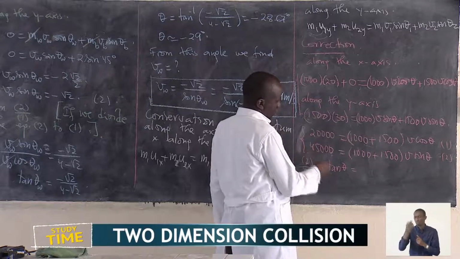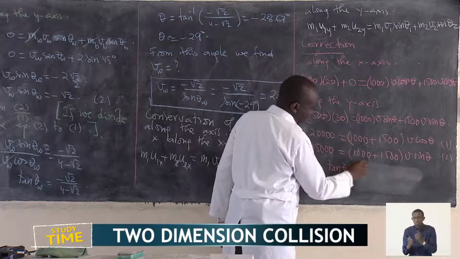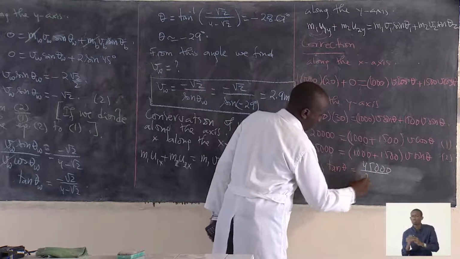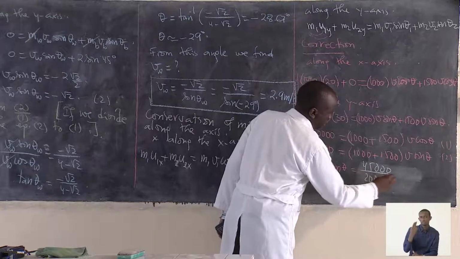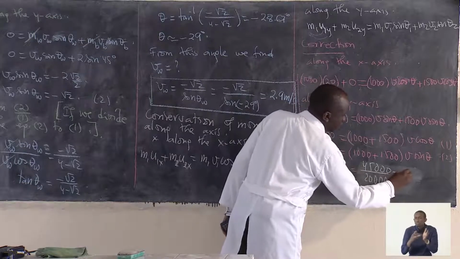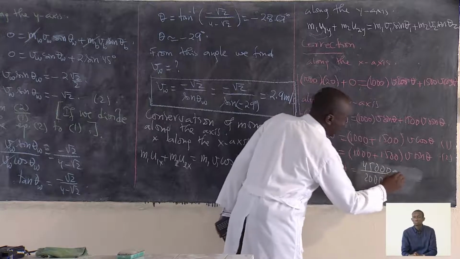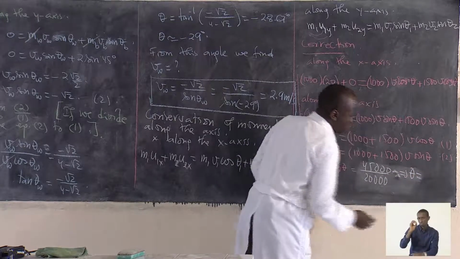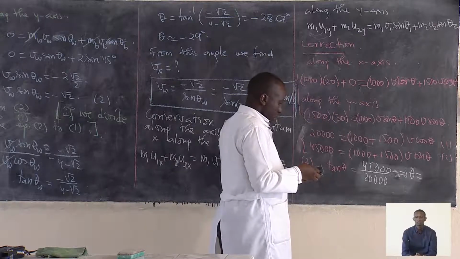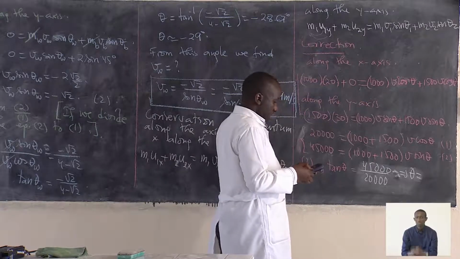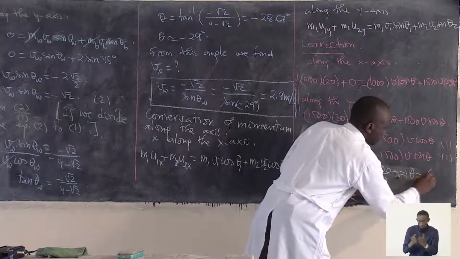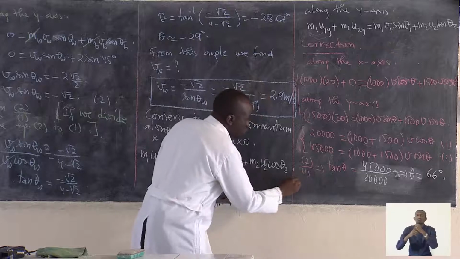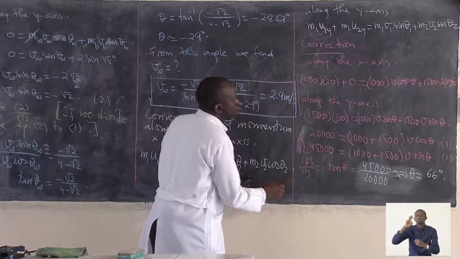And here this is like having 45,000 over 20,000. And what do we find? We find the value, then we can find theta, because when you put this value into your calculator, you find 66 degrees approximately, and we can use this angle to find the speed.